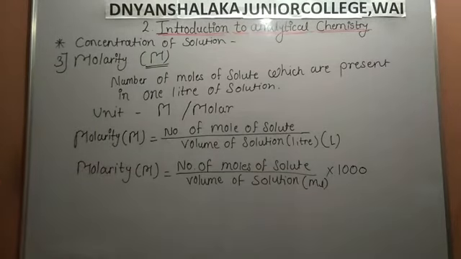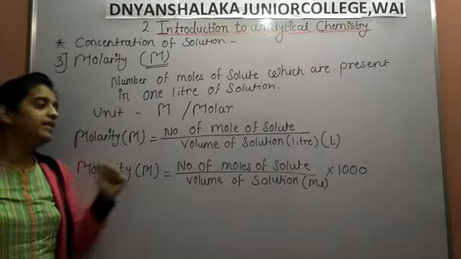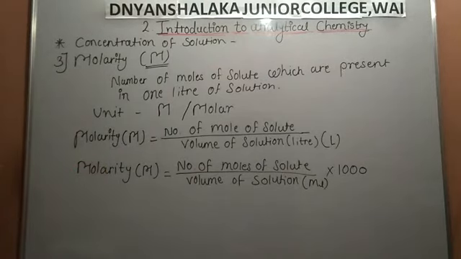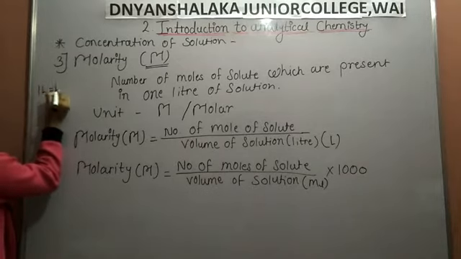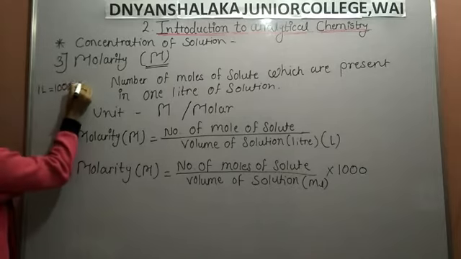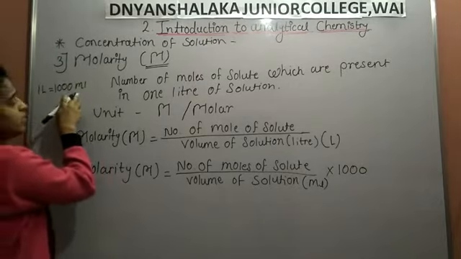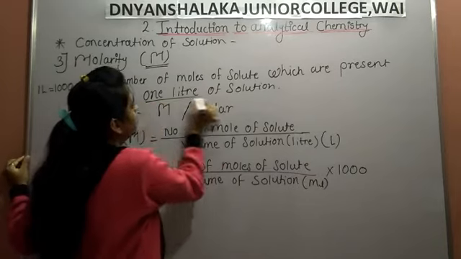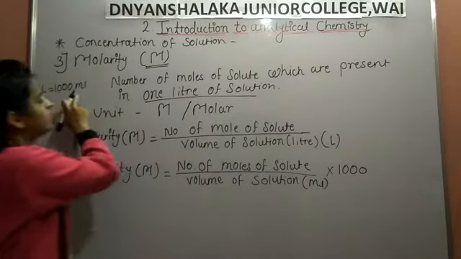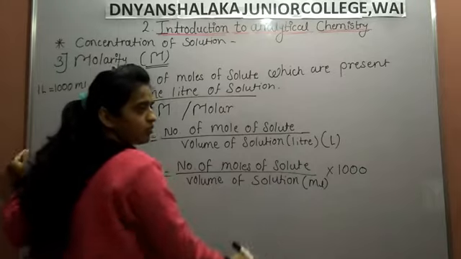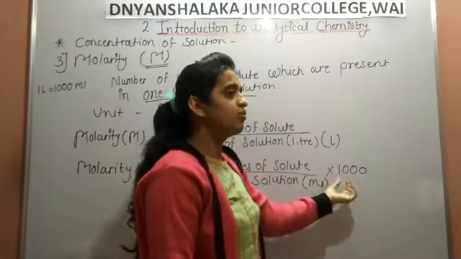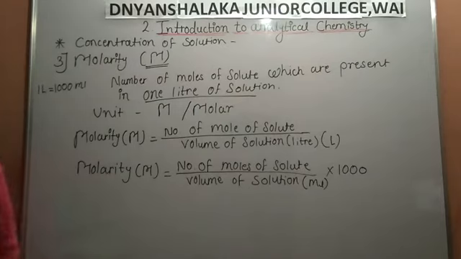We know the conversion of milliliter into liter: 1 liter equals 1000 ml. So if the volume of solution is given in milliliter, we multiply by 1000.